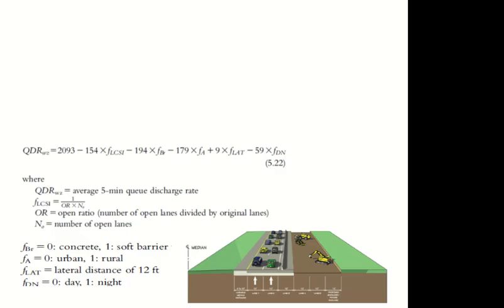Open lanes divided by the lanes we had before the work zone in normal conditions gives OR, and N naught is the number of open lanes. This equation will give you FLCSI.